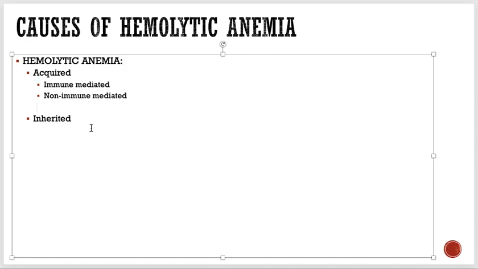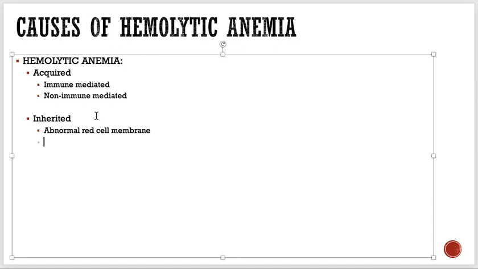Okay, and whenever it is inherited, again there could be a few causes. Number one could be abnormal red cell membrane. Because these are inherited causes, of course, either there are some gene defects or some enzyme defects, which are secondary to gene defects, and that's the reason the cells are not formed normally.